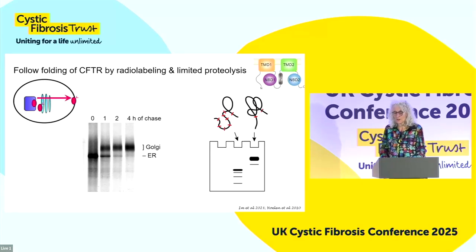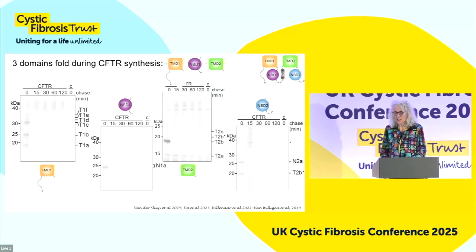So what you see then, if there's more digestion, the protein is more loose and not folded yet, you get smaller fragments. If the protein is nicely packed and folded, you get larger fragments. And so in the gel, immediately after synthesis, we then fish out the fragments from the individual domains, so we can really look at what the protease did to the individual domains.